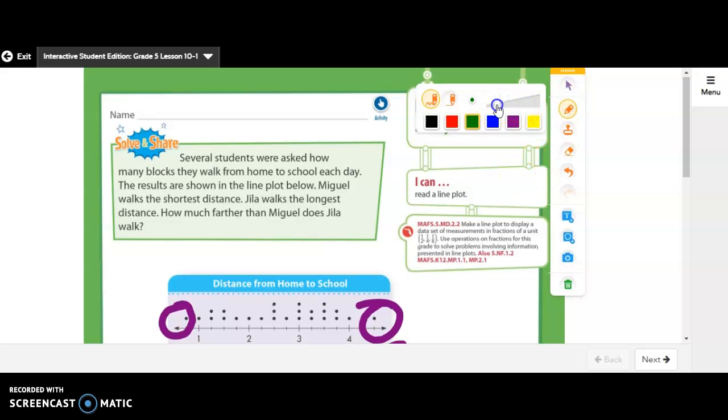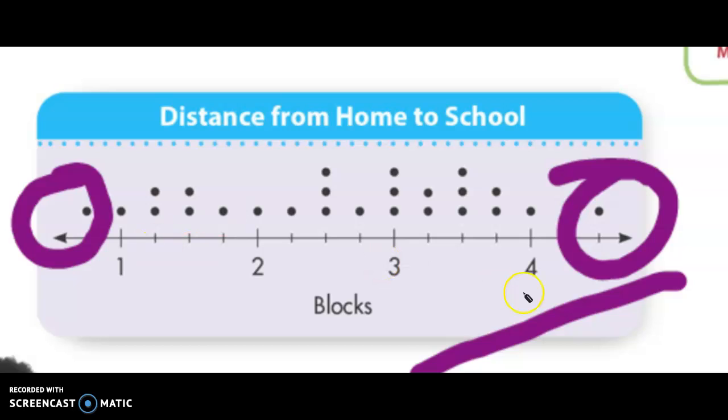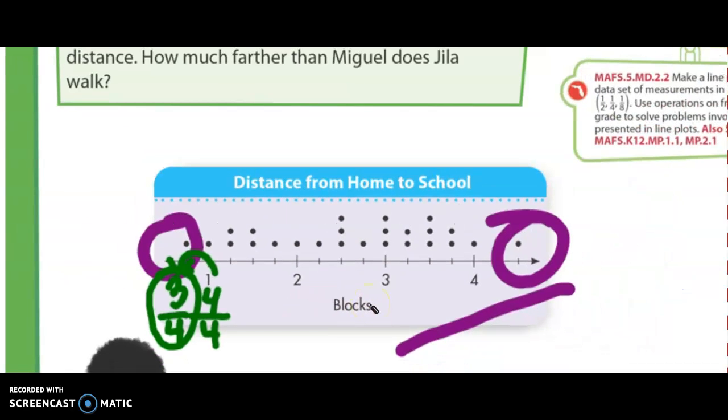That would make this first spot here on the number line at 1 whole being equal to 4/4. That means the spot 1 smaller than 4/4, where Miguel's distance is at, would be 3/4. So we can tell just based on this information that Miguel has walked 3/4 of a mile, of a block to get to school. Okay.